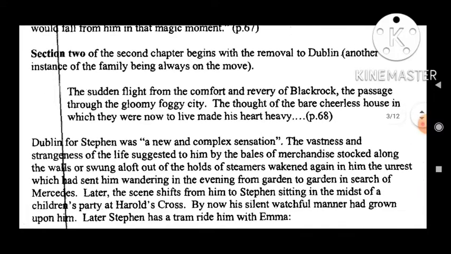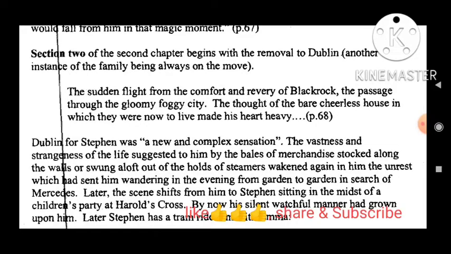Section 2 of the second chapter begins with the removal to Dublin, another instance of the family being always on the move. The sudden flight from the comfort and reverie of Blackrock, the passage through the gloomy, foggy city. The thought of the bare, cheerless house in which they were now to live made his heart heavy.